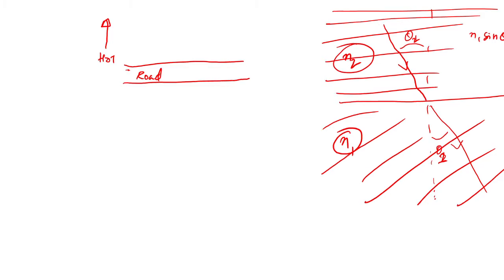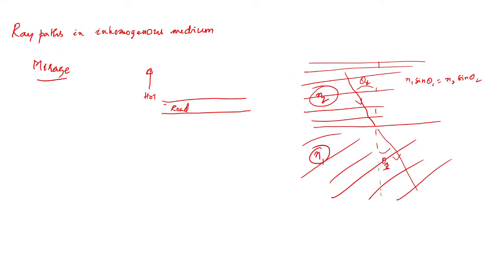So the refractive index right on top of the road is not constant. Air near the ground has a higher temperature than air much above the surface. This is lower temperature. So because the density of air decreases, the refractive index increases as you go above the ground.